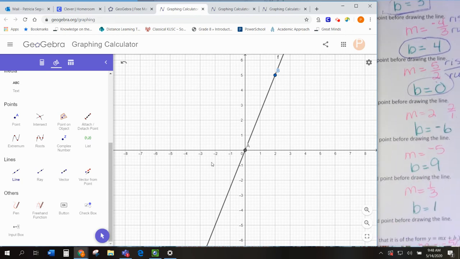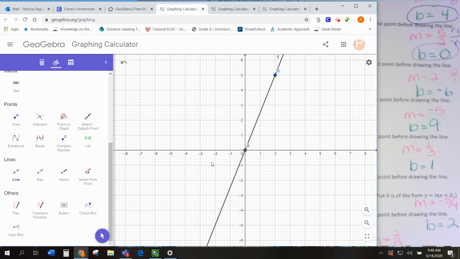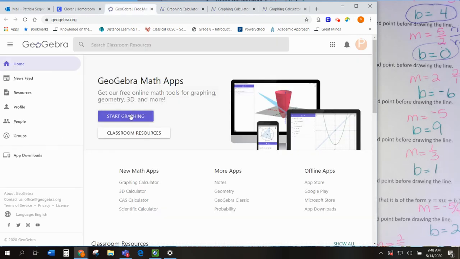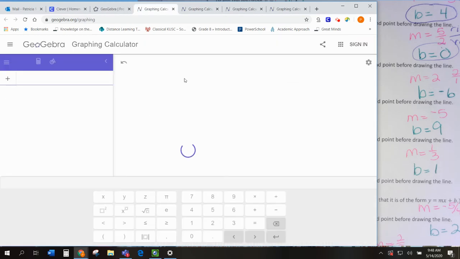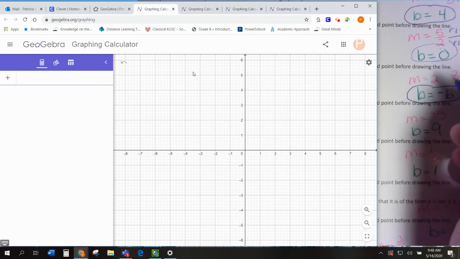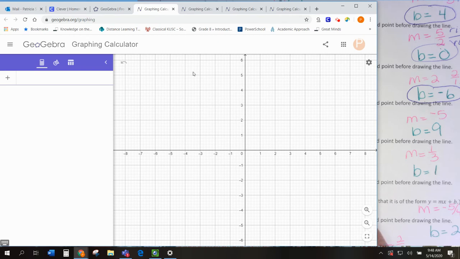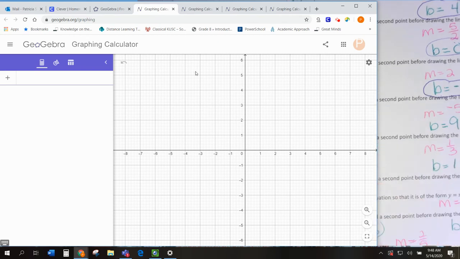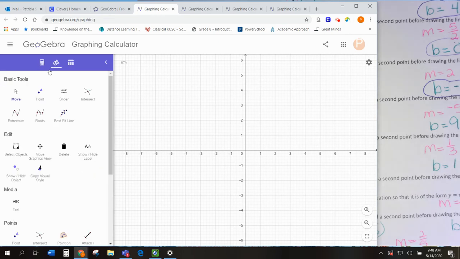So now let's go on to number 5. Number 5, we have a y-intercept of negative 6. Our b is negative 6. Remember, we got it from the equation. So if b is negative 6, on our y-axis we put a dot at negative 6 because that's our y-intercept.